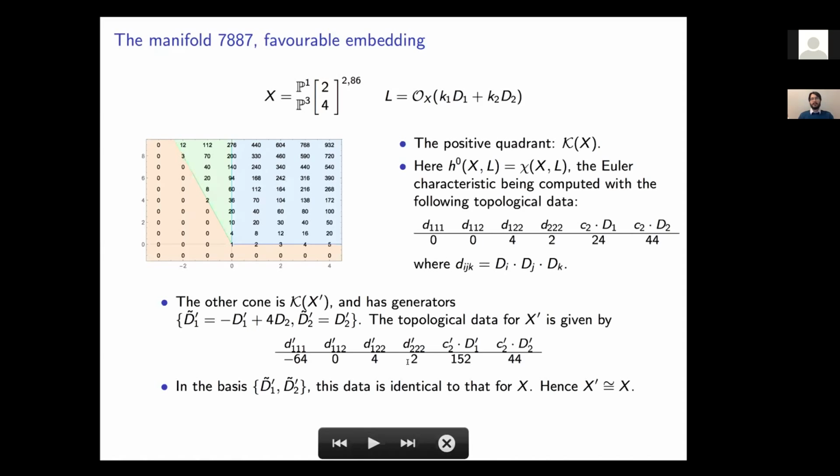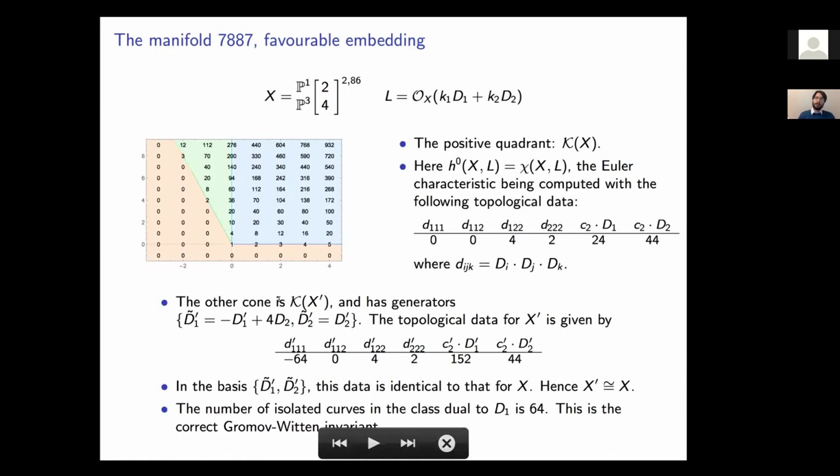And what you notice is that if you go into a basis of divisors, which are the generators of the Kähler cone of X prime, the triple intersection numbers of X prime and the C2 become the same, are identical to those of X. And because of Wall's theorem, you know that X prime is isomorphic to X. So you have a flop between X and X prime, which is isomorphic to X. Okay, and the way in which D11 changes, so this going from 0 to minus 64, this 64 is indeed the Gromov-Witten invariant in the corresponding class.